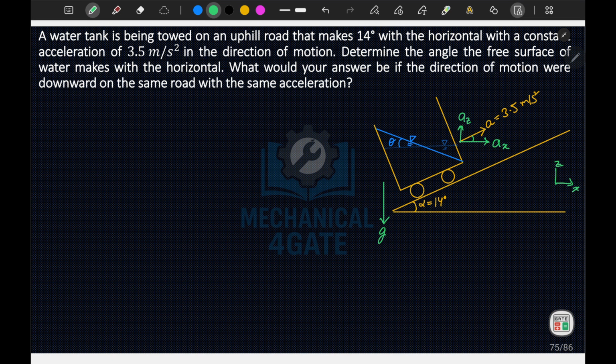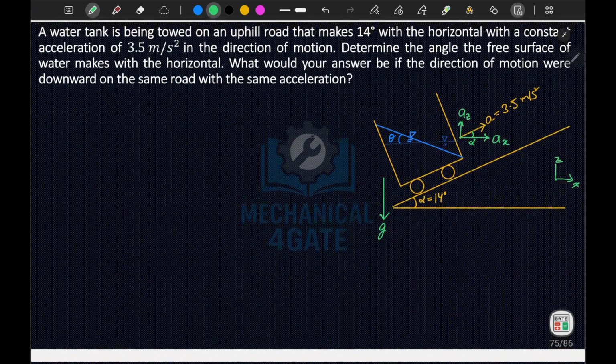This angle will be your alpha. So from here I can say ax is equal to a cos alpha, and az will be a sin alpha.